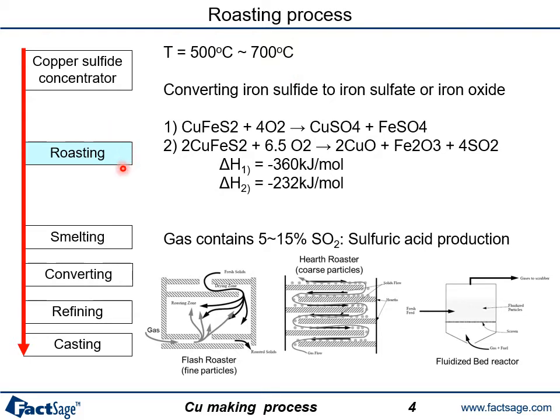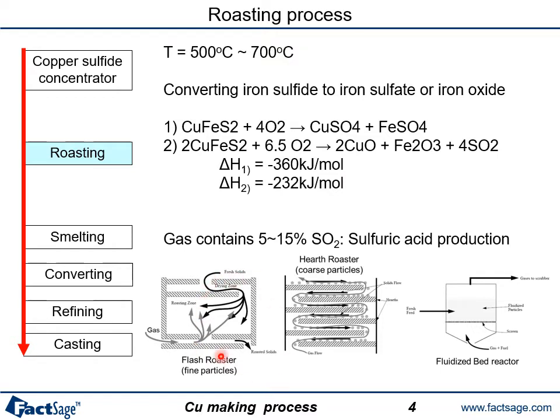The main purpose of the roasting process is to partially oxidize the copper mineral to oxide minerals. The main target is to convert some of our chalcopyrite to the iron oxide phase, and the remaining would be the sulfide phase. So this is the oxidation reaction. It's an extremely exothermic reaction too.